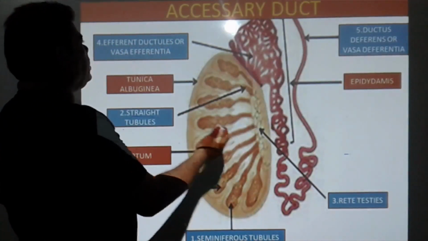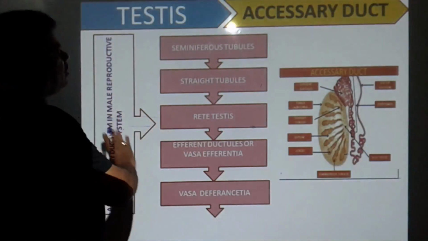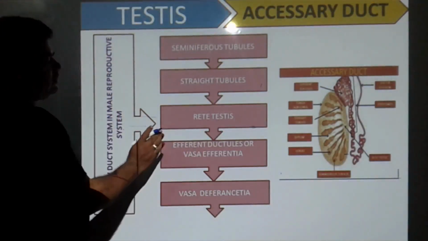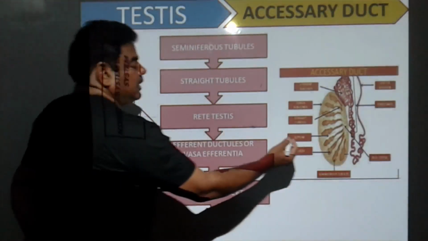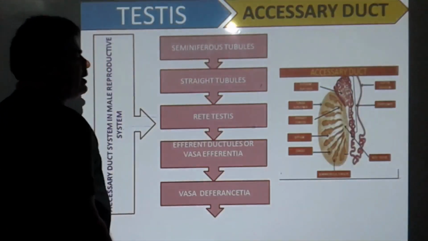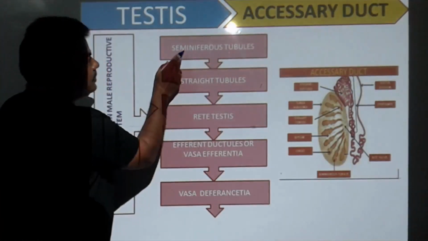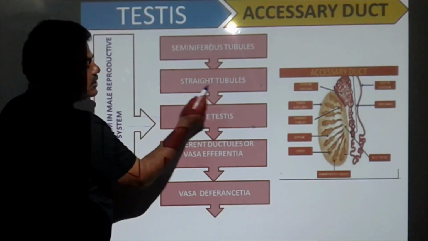So this is all about the accessory ducts present in our body. Now see how these accessory ducts are present in the human male reproductive system. First, the seminiferous tubules lead into the straight tubules.